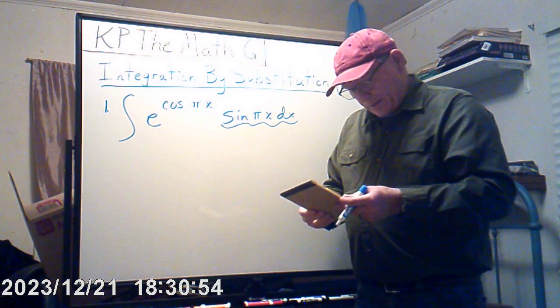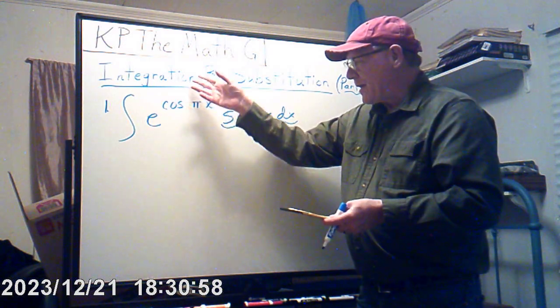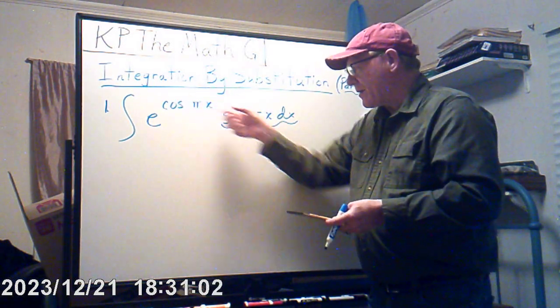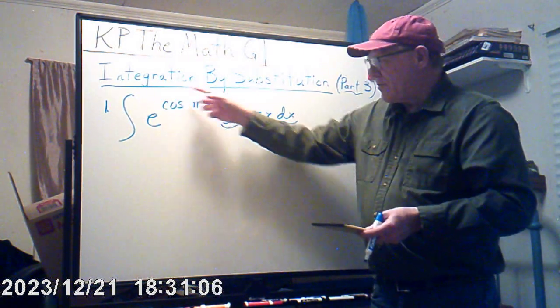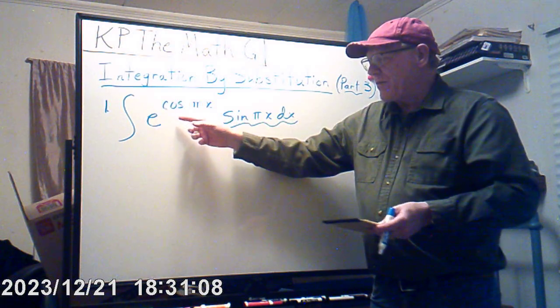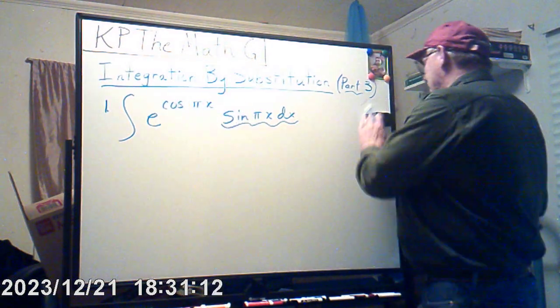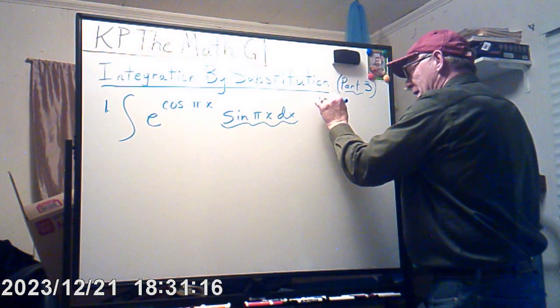If I have something to an exponent, as long as I have cosine and sine or sine and cosine, either way, whatever is the exponent, in this case cosine pi x is the exponent, I'm going to let u be that. Then you'll see what's happening.